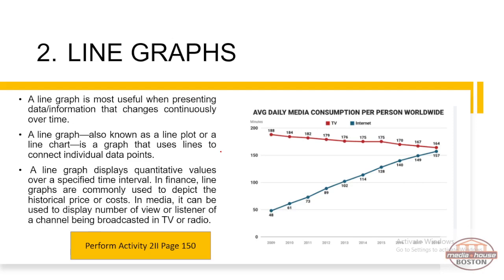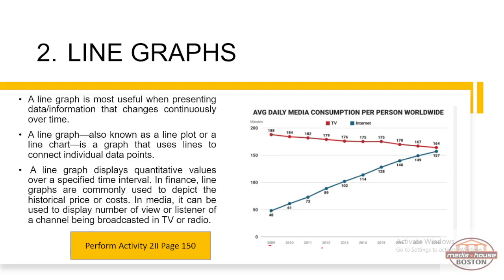Here they have used the average media consumption per person worldwide, where the red represents the TV and the blue represents the internet, comparing the time each person spent on TV and on the internet. An average person in the year 2009 used to spend 48 minutes on the internet and 188 minutes on TV.